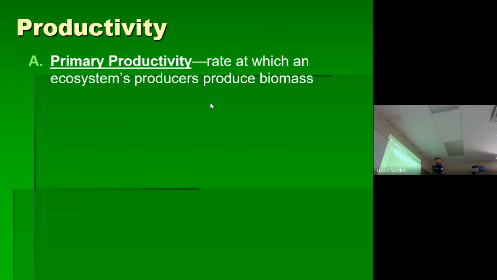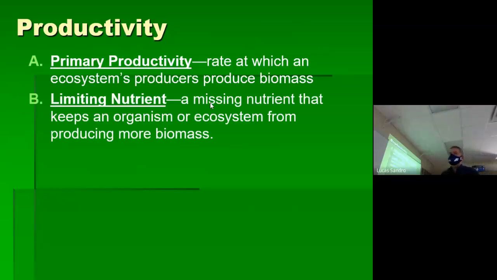In other words, how fast can they grow? How fast can they produce the stuff that everybody else eats? And limiting nutrient is the term we use for whatever it is that if you added it, productivity would increase.